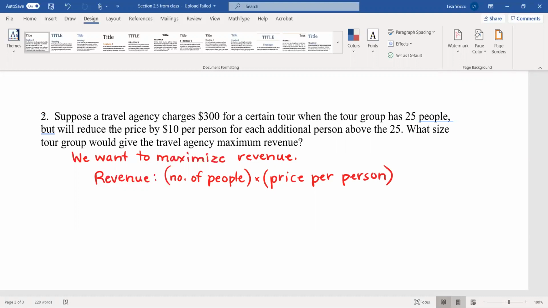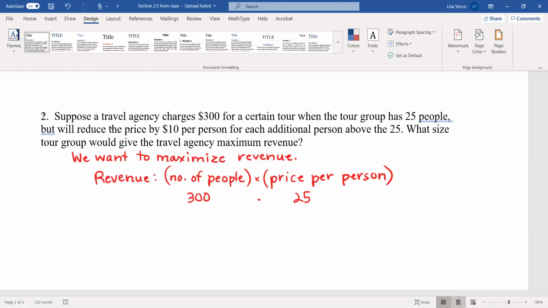All right. So what we know, for example, the charge is $300 if the group has 25.